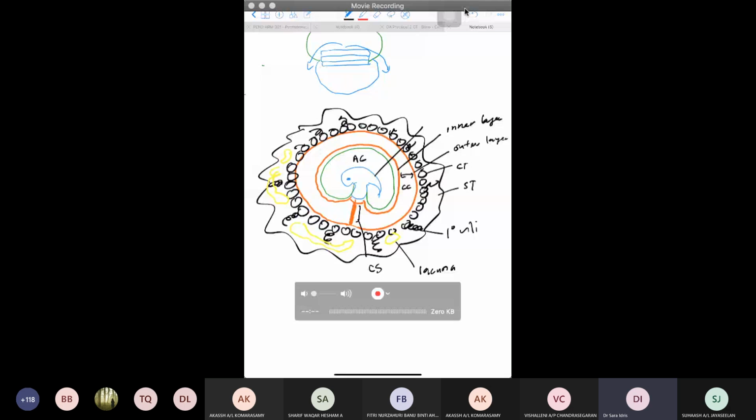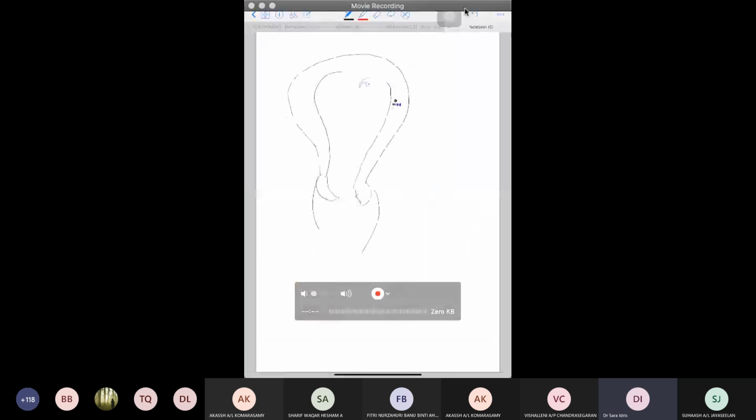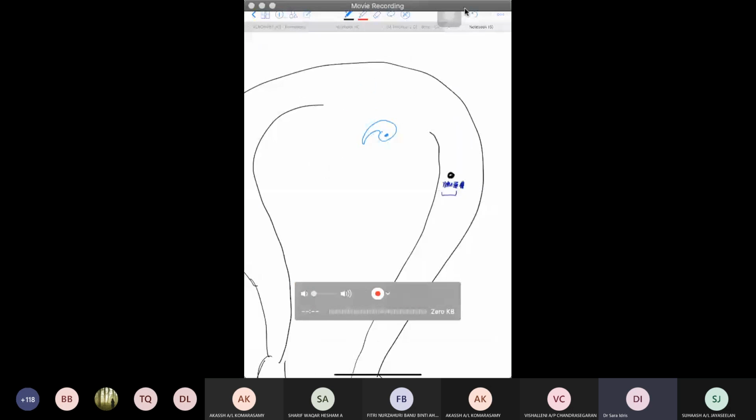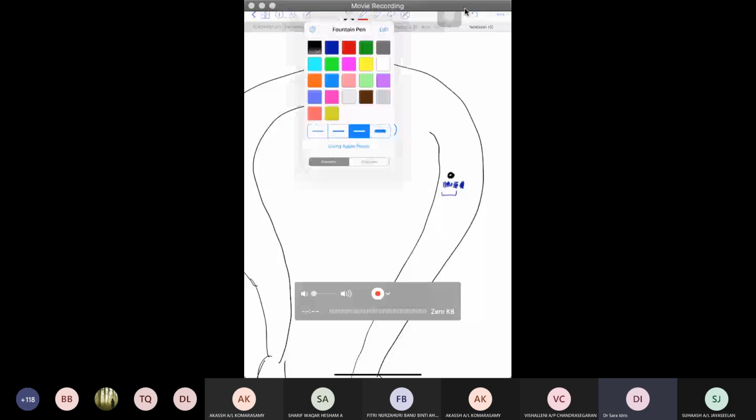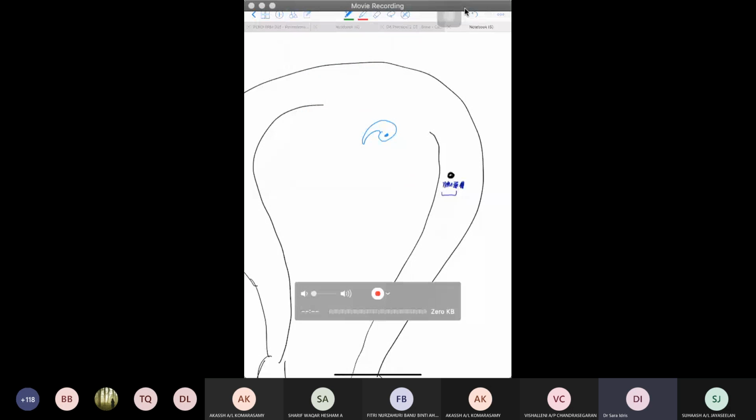All right. Now we're going to implant all this into the uterus. As we implant all this in the uterus, we're going to look at it in the embryo shape. Basically we're just going to draw the same thing. You have the amniotic cavity, and then the inner layer of your extra-embryonic mesoderm, and then the outer layer of your extra-embryonic mesoderm, and connecting it will be your connecting stalk.